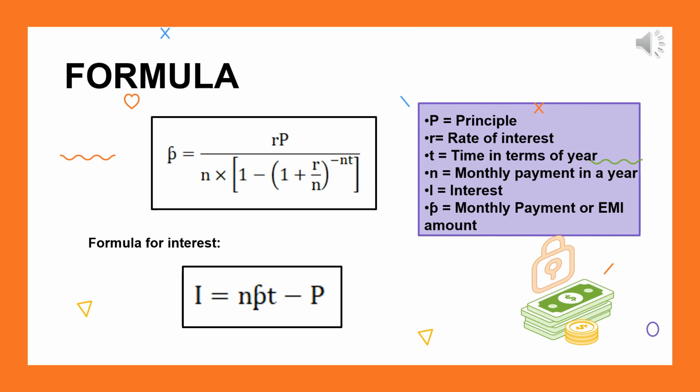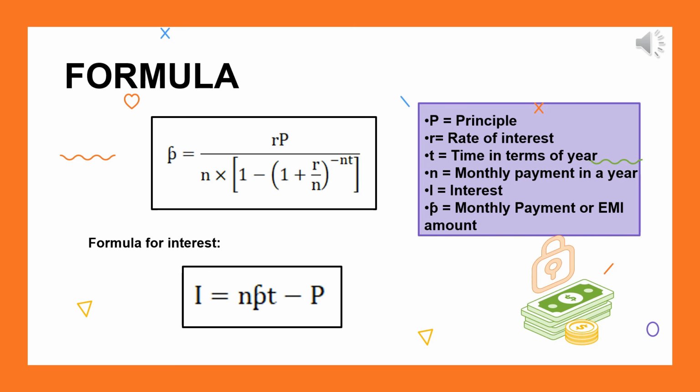So now, look at the amortization formula again. It shows EMI equal to R times P divided by N, times bracket 1 minus bracket 1 plus R divided by N close bracket to the negative power NT.